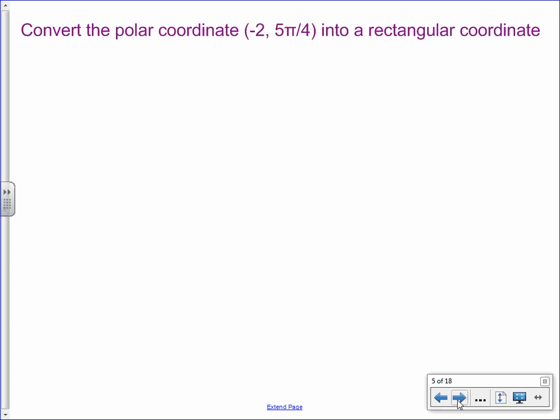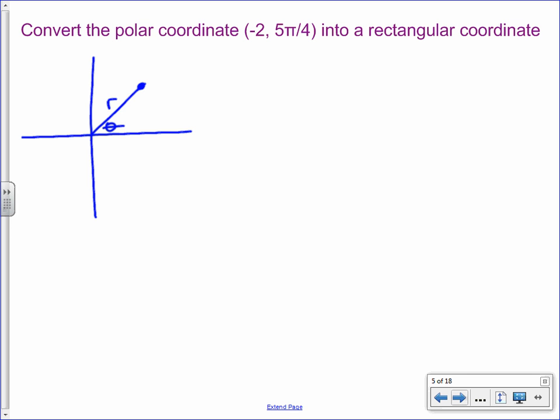Now, before we get too much into our graphs, let's talk about converting from rectangular to polar, and from polar to rectangular. Let's think about just being in the plane, right? So this is theta and this is r.